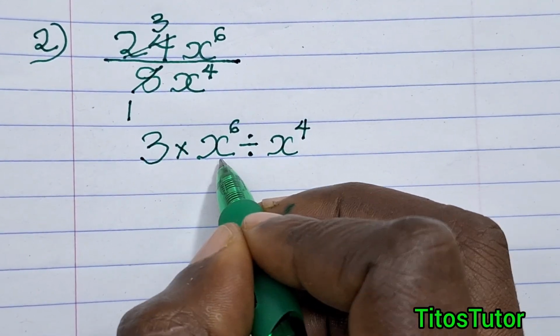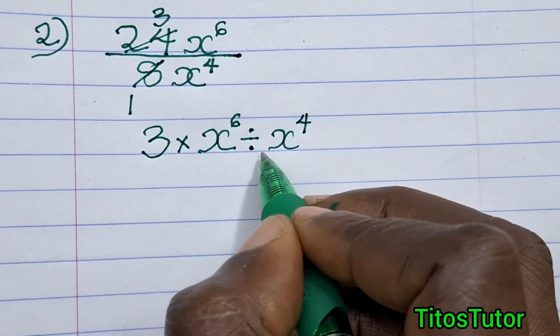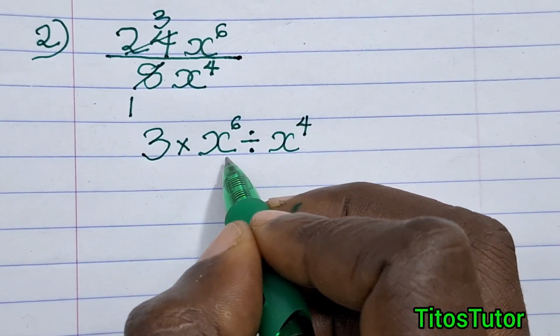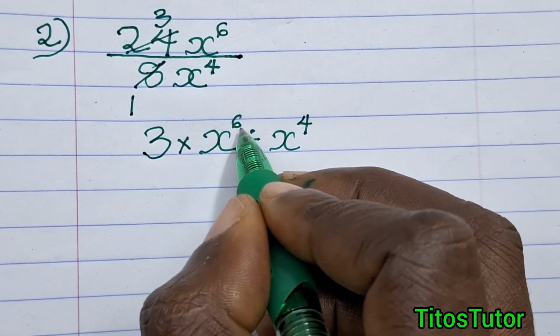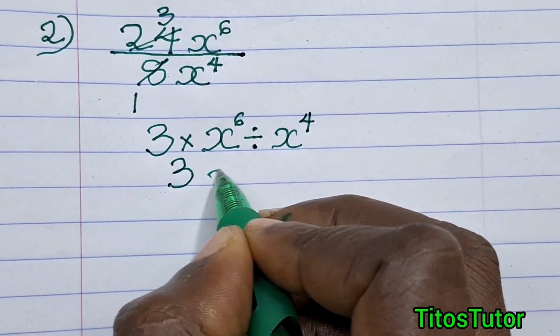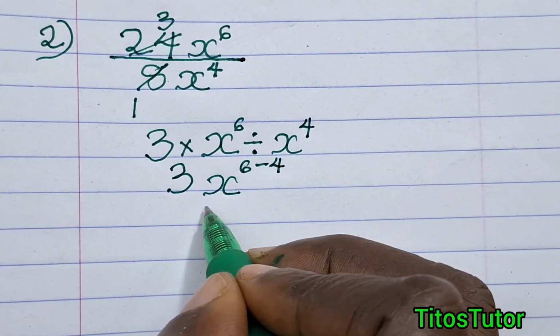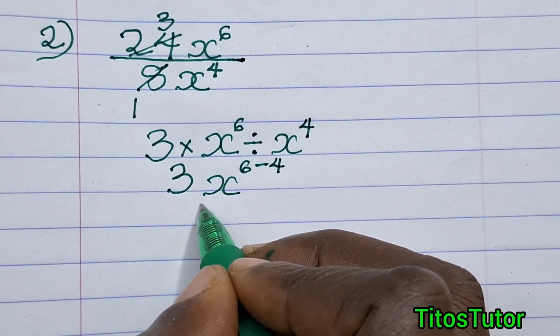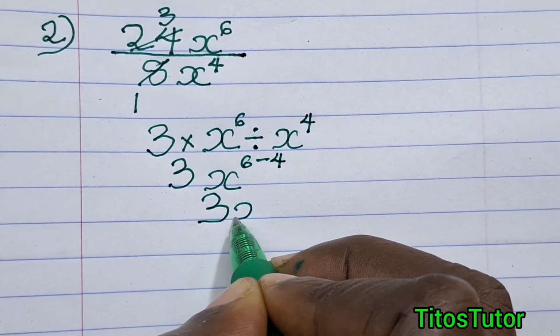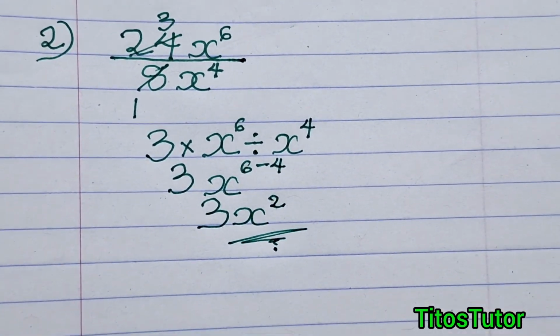So this is the quotient rule. Because they have the same base and they're dividing, I'm going to subtract their powers. So this is 3x raised to the power of 6 minus 4. And 6 minus 4 is 2. So my final answer is 3x squared. And I am done.